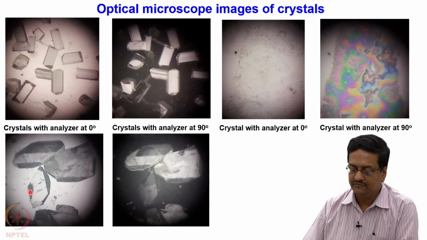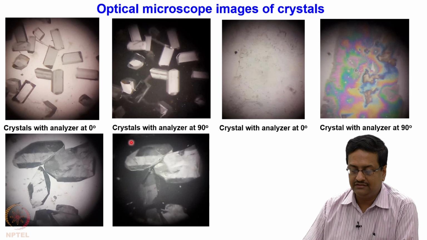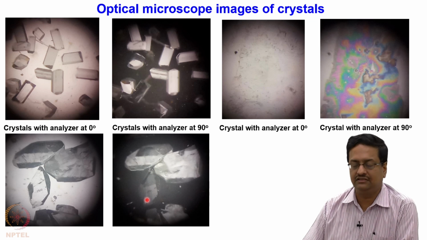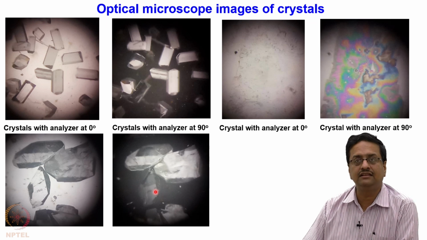Whereas with the analyzer at 90 degrees, the light is not passing through the outside of the crystal, and the crystal also does not allow any passage of light. This indicates extinction of polarized light passing through it.